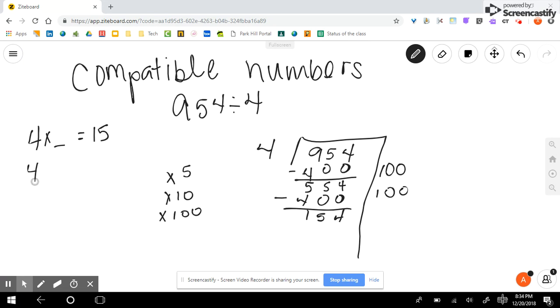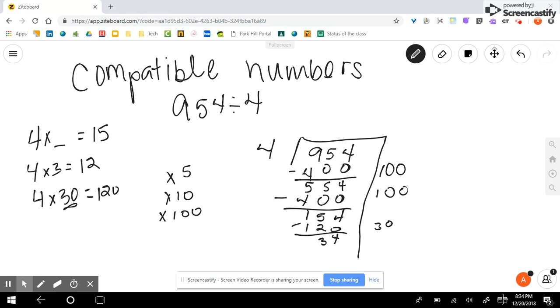I know 4 times 3 equals 12. And I know that means 4 times 30 equals 120. So let's use 30 here. I'm going to write 30 over here because it's a partial quotient now. And I'm going to subtract 120. That knocks me all the way down to 34.